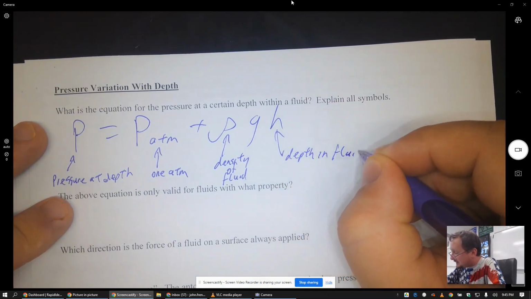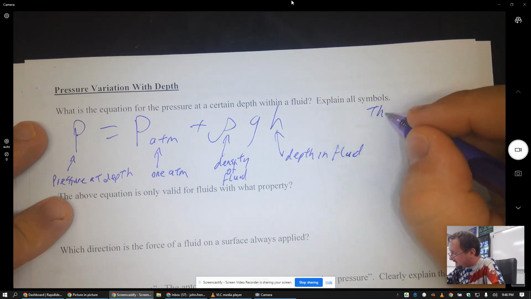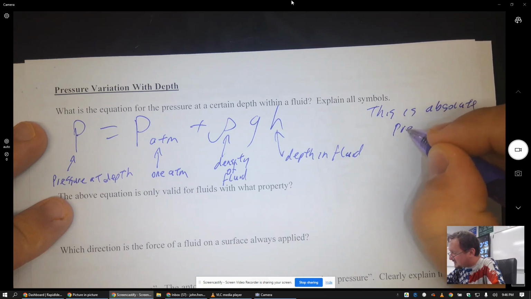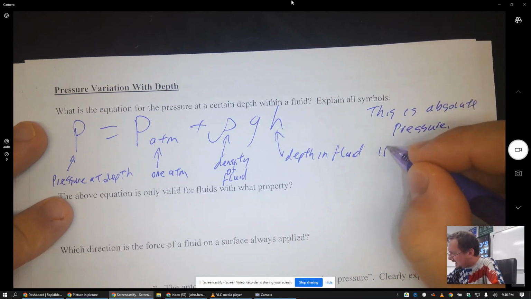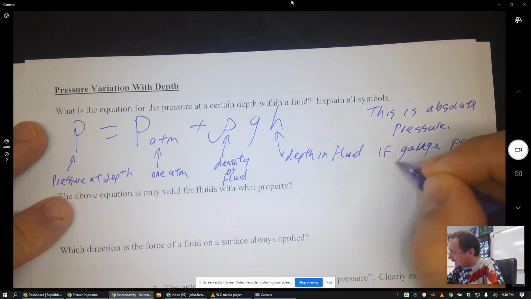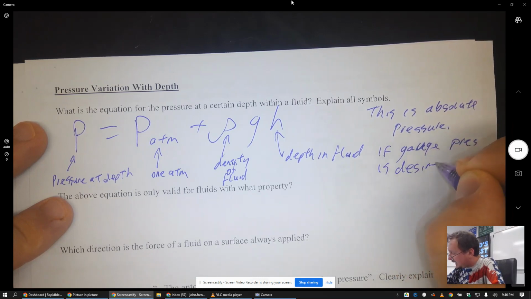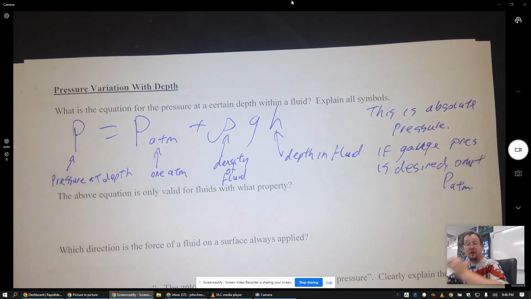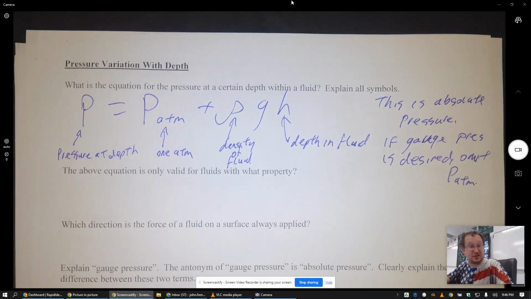Now, I'm just going to make a note that this is absolute pressure. If gauge pressure is desired, you're going to omit the pressure of the atmosphere. So let's say you're talking about the Oceangate sub.